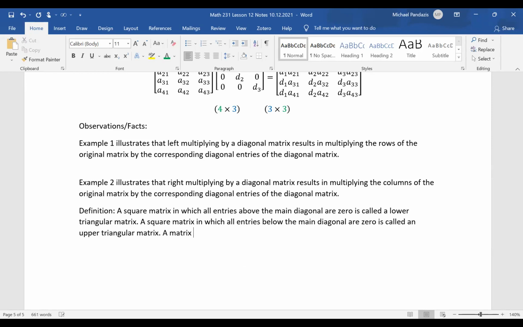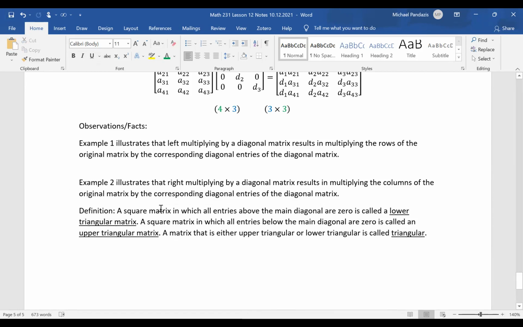A matrix that is either upper triangular or lower triangular is called triangular. So the first sentence defines a lower triangular matrix. The second sentence defines an upper triangular matrix. And the third sentence defines a triangular matrix.